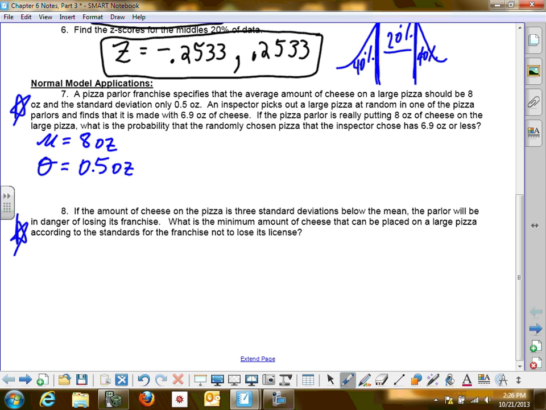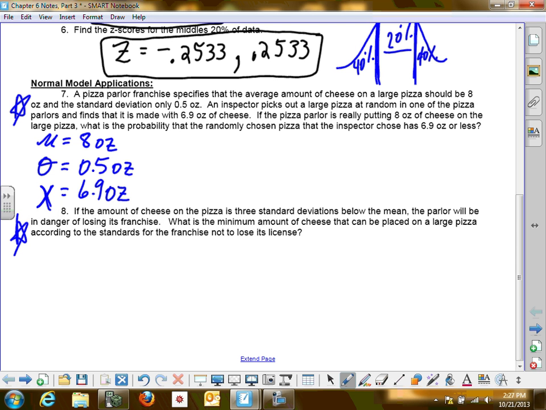Now, question, what variable would we represent with the 6.9? Very good. Our actual piece of data that we are finding from our individual sample is 6.9 ounces. So that would be the X.